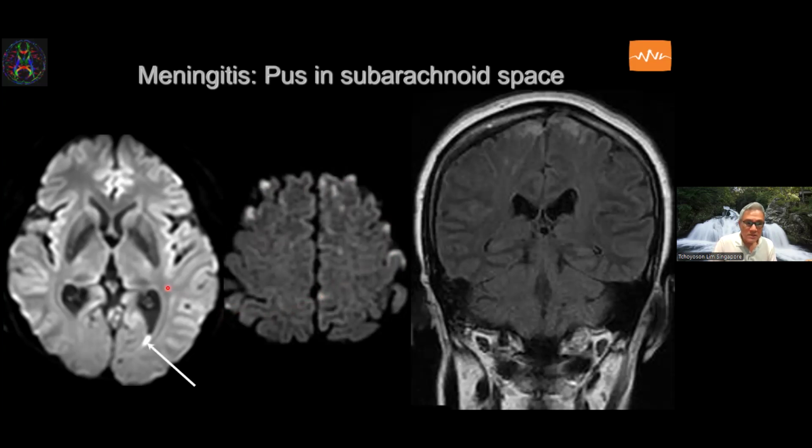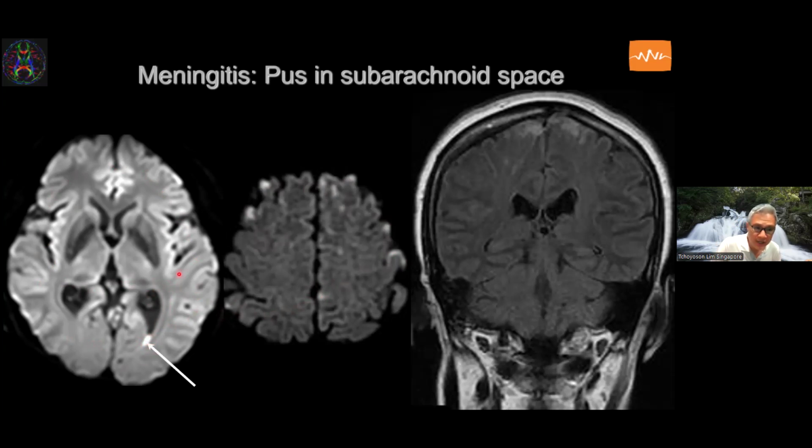In addition, sometimes, like in this particular case, you can also see subarachnoid pus within the lateral ventricles, in the dependent portion of the occipital horn, which is where we would see the smallest areas that can be detected by the naked eye.